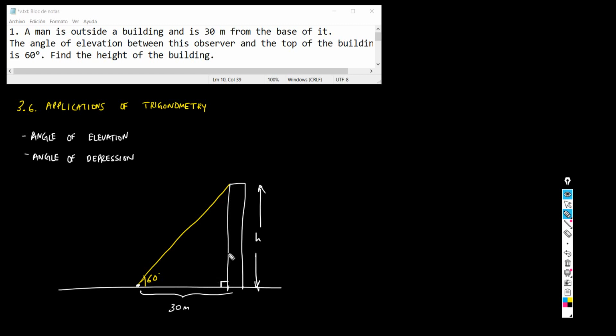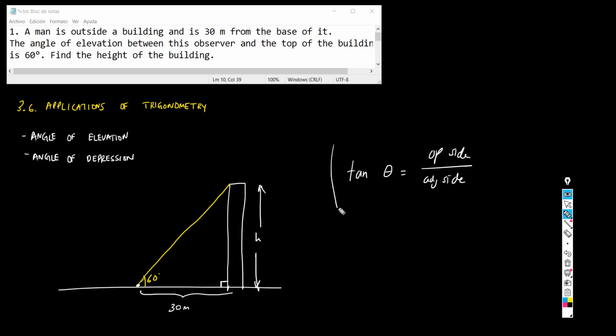And basically we can use the trigonometric functions that we know in order to calculate h, which is this little bit. We know, for example, the tangent of any angle theta in relation to right triangles is equal to opposite side over adjacent side.